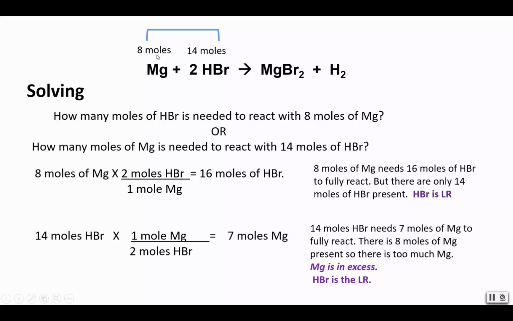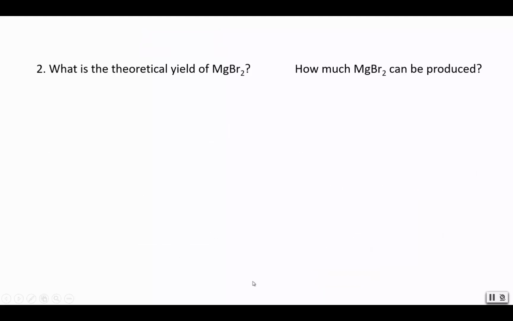So therefore, I have more than enough moles of magnesium. Therefore, magnesium is in excess. That makes the hydrobromic acid then the limiting reactant. You determine which method you like. I'm going to stick with the previous method to stay with that same voice.